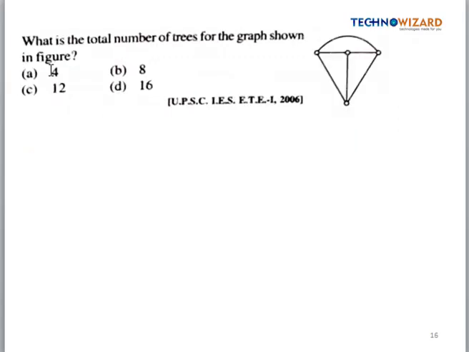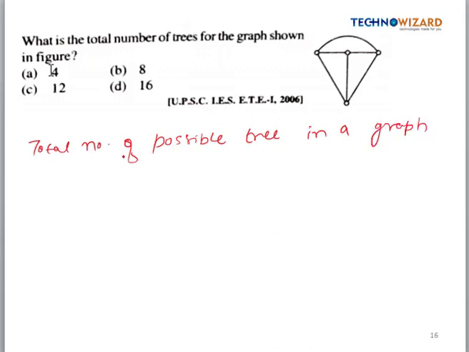Next question is: what is the total number of trees for the graph shown in the figure? If we have to calculate the total number of possible trees in a graph, it is given by the relation n to the power n minus 2, where n is the number of nodes.